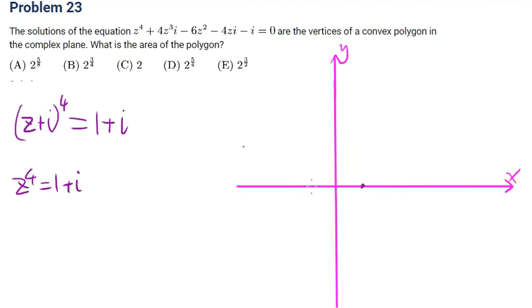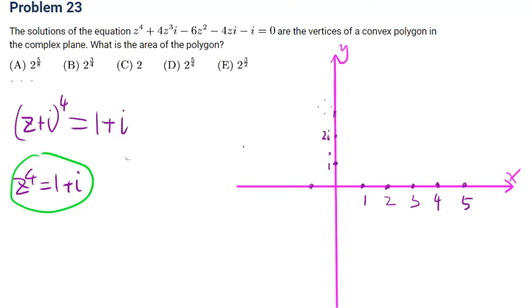So anyways, let's draw this. We should look for z to the fourth equals 1 plus i first. Then for the roots, you take one from each of them and you get the 4 roots to this. So we need to solve this first. Let me draw the axes: 1, 2, 3, 4, 5, i, 2i, 4i, 5i, negative 1, negative i.